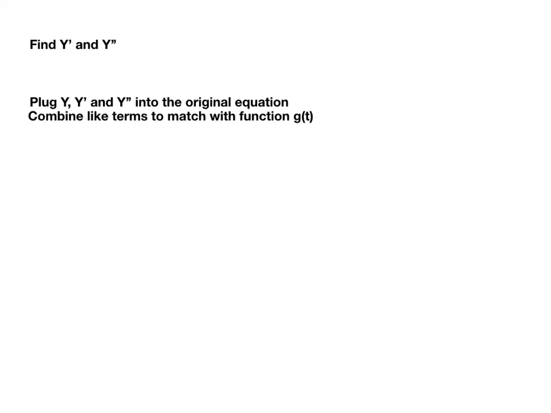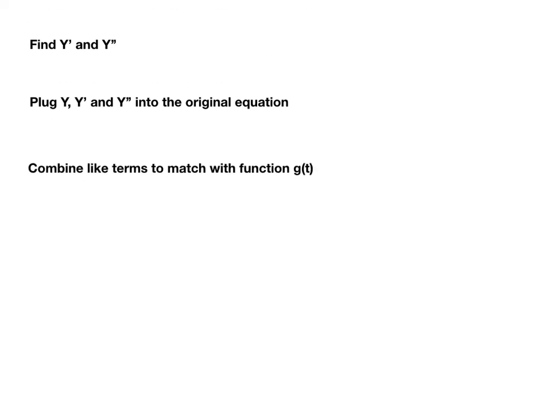Alright, and then once you find the form for big Y of t, you can find y prime and y double prime. You plug y double prime and y prime into the original equation, and then you combine all the like terms to match with the other functions in the non-homogeneous part.